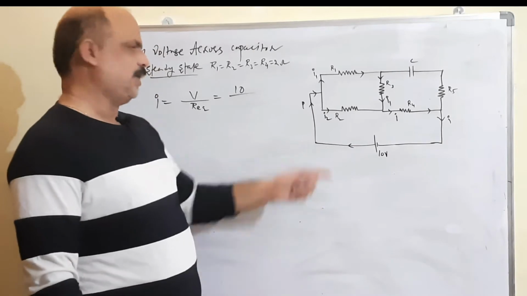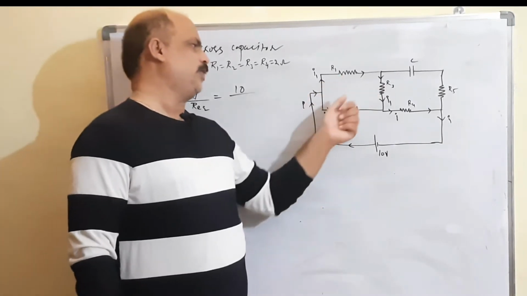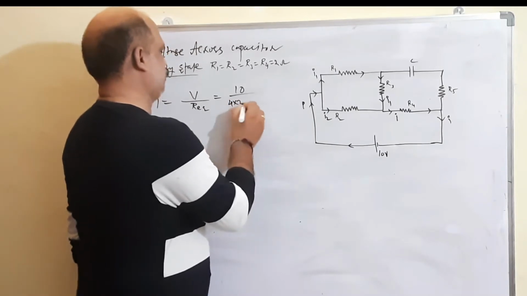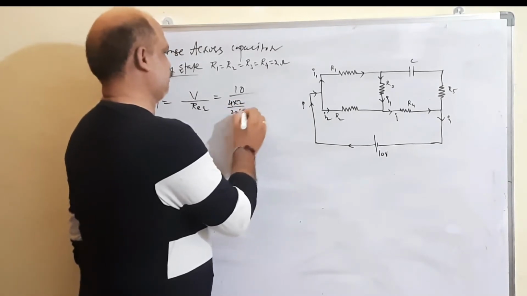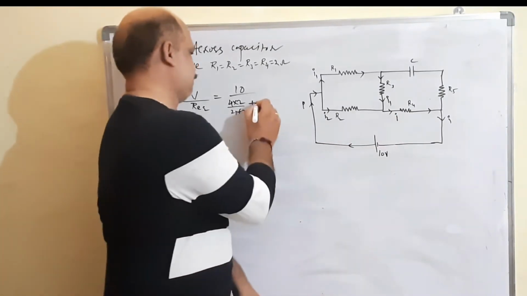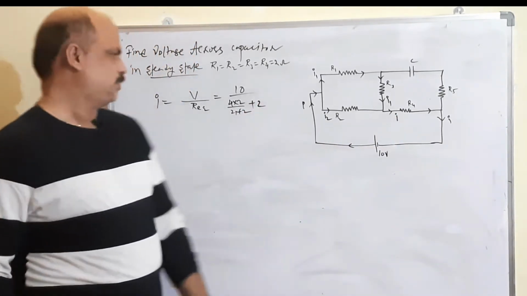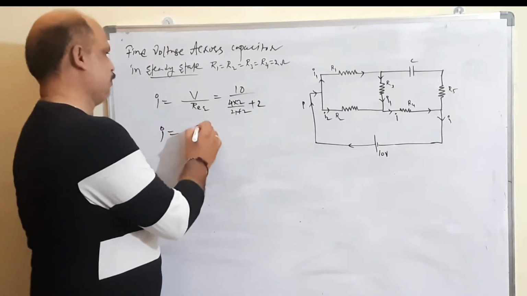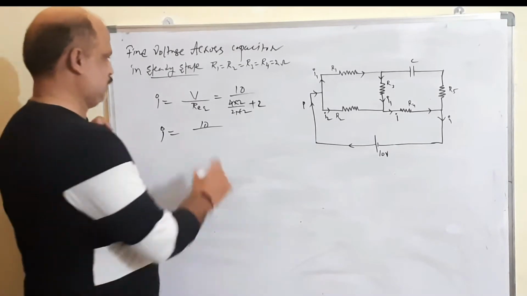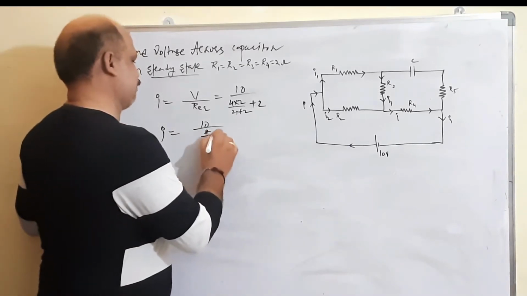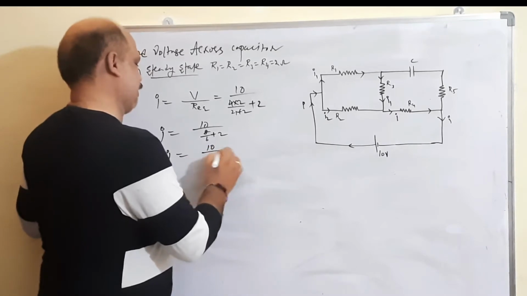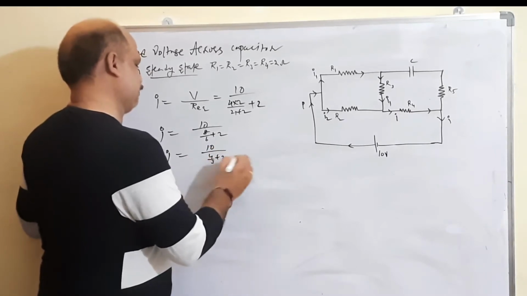That means 4 into 2 by 4 plus 2, plus what is the resistance here? 2 ohms. So I is equal to 10 by (4 into 2, 8, by 6, plus 2).